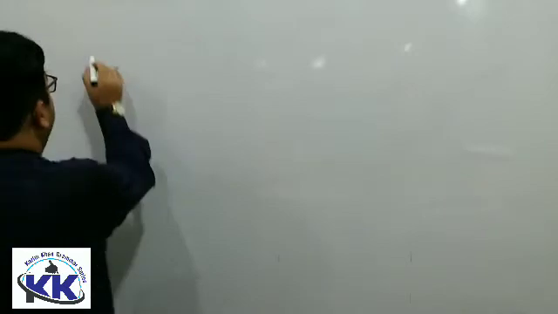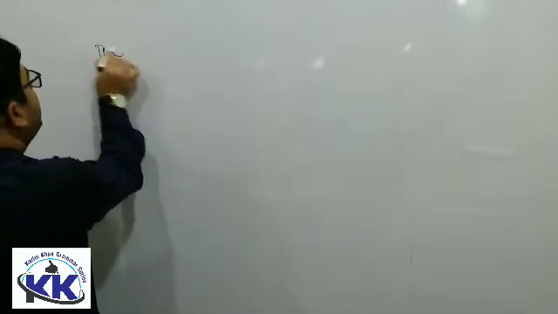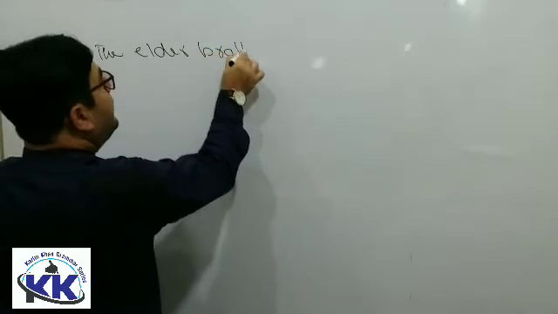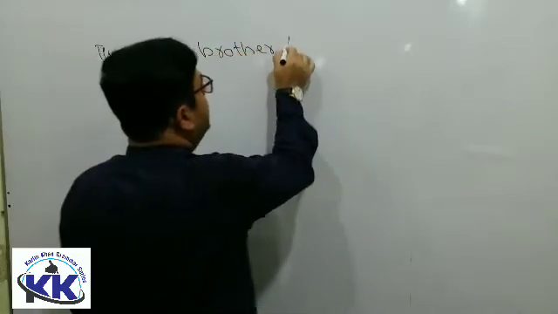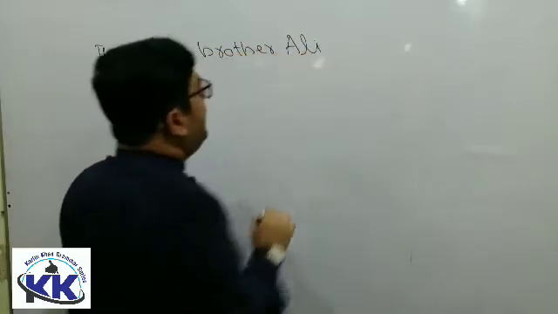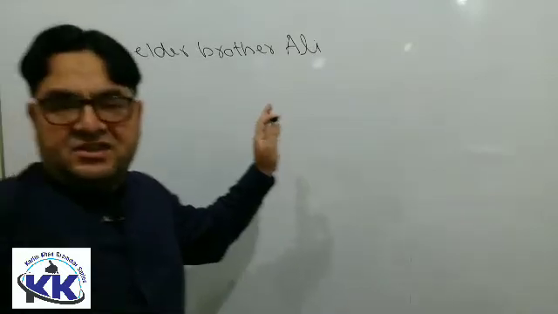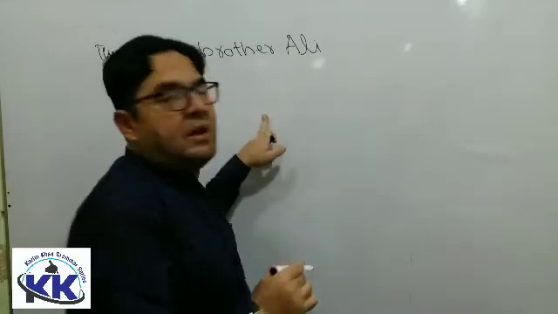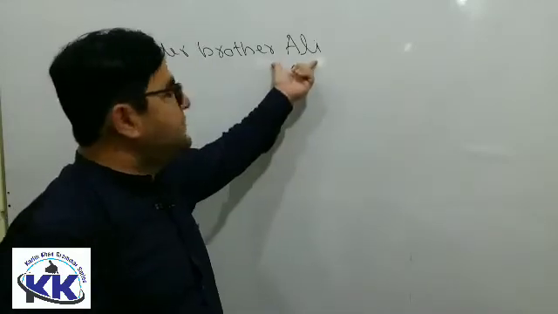Clear? For example, if I say the elder brother Ali, now I should use an adjective clause. Clear? When I use an adjective clause, it will become non-essential because my subject is clear.